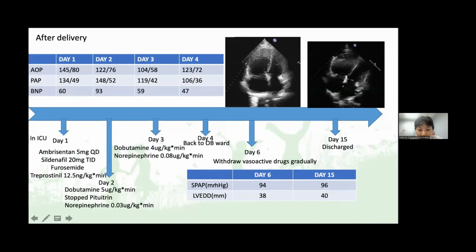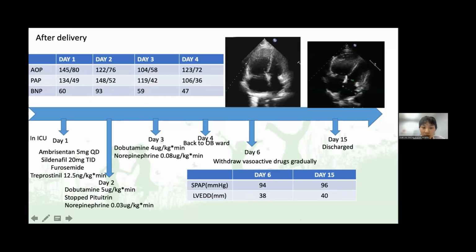So after the delivery, the patient was transferred into the ICU. We could see that after the delivery, the patient experienced a gradual increase in pulmonary artery pressure, and we increased the dose of the vasoactive drugs correspondingly.